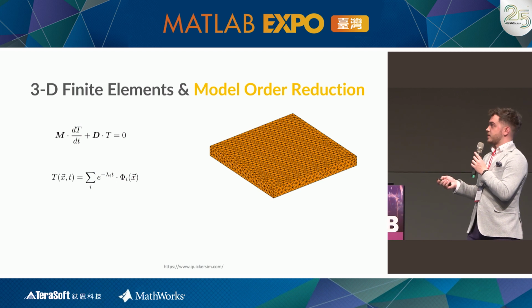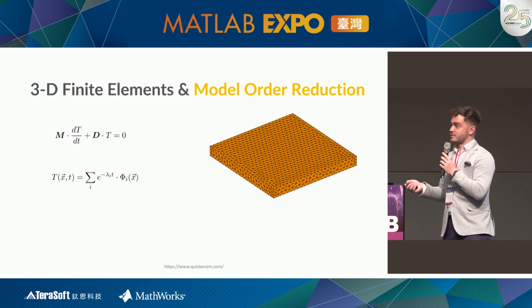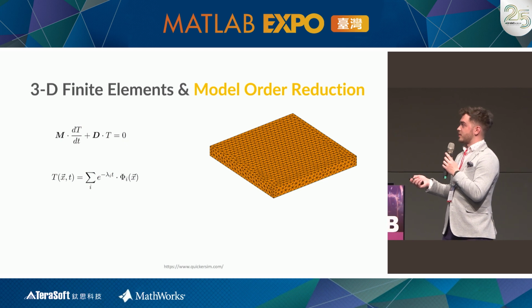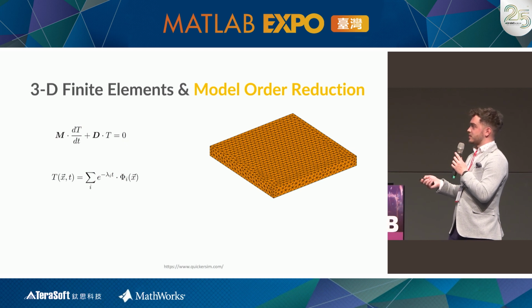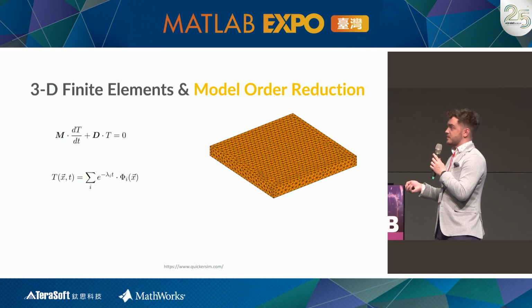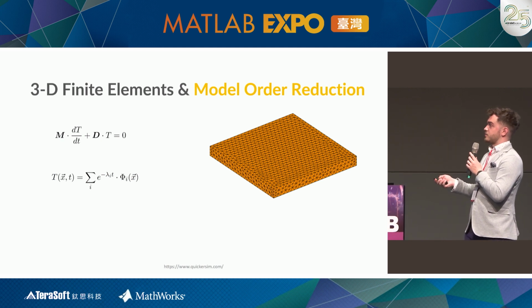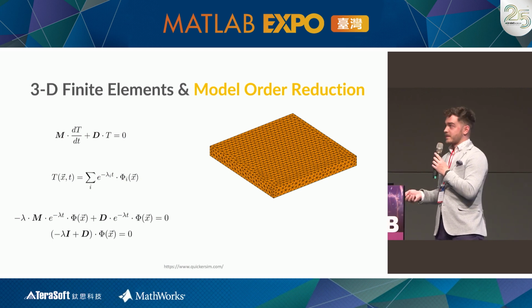If we take into account the trick from partial differential equations, where we can assume that our function can be represented as a series of two functions, one dependent on time and the other on space, we can put it back into the original equation and end up with a generalized eigenvalue problem.